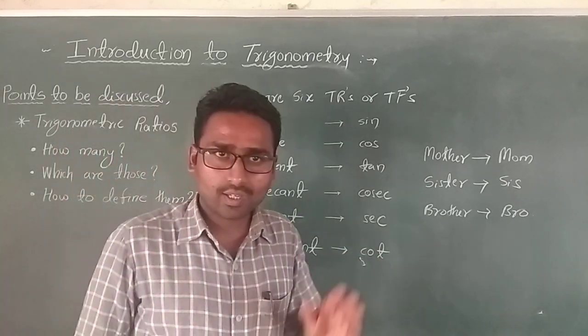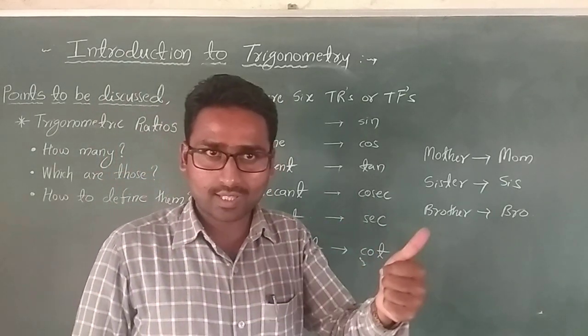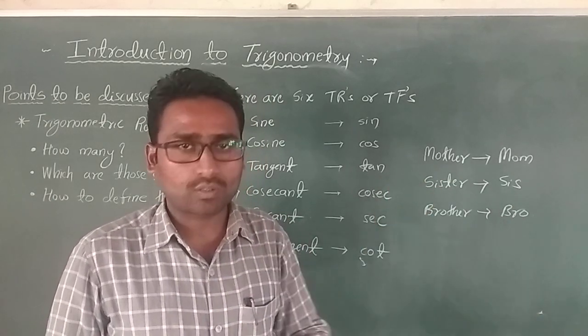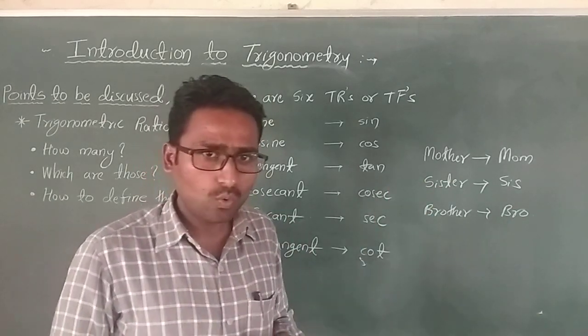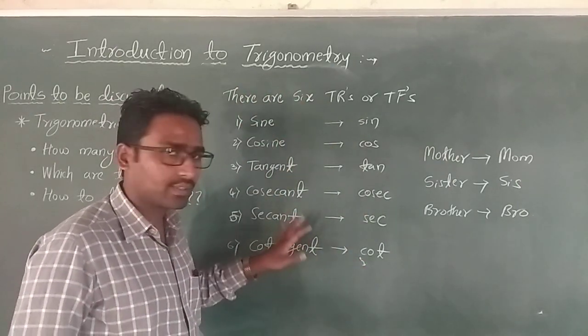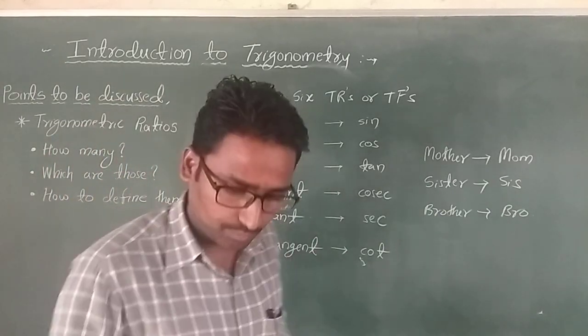So students, in short, we can name the trigonometric ratios as sin, cos, tan, cosec, sec, and cot. Now we will move towards the definitions of all these 6 trigonometric ratios with the help of a diagram.